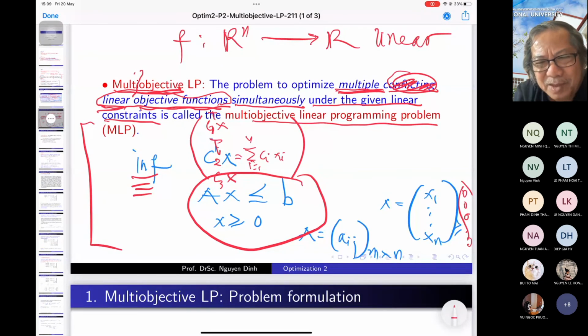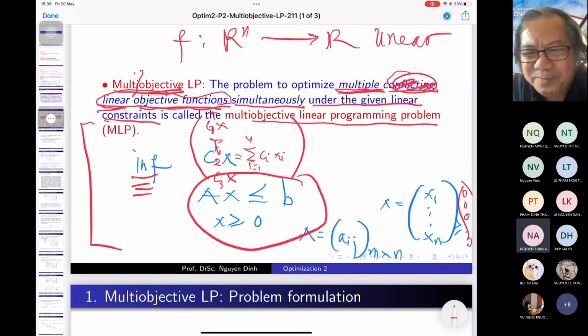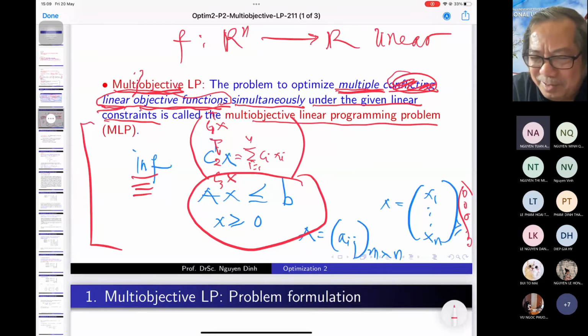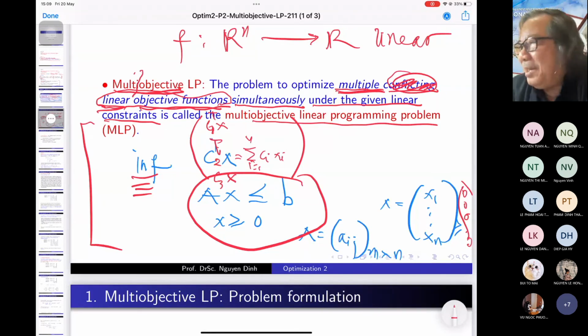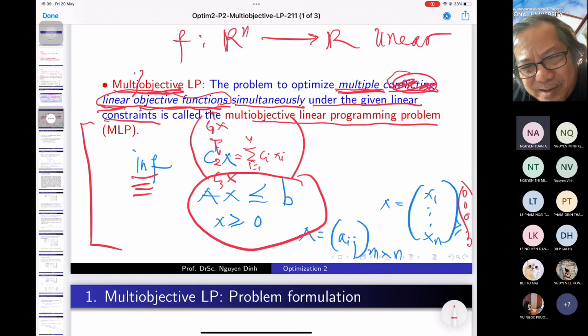Is that right? Tuấn Anh, are you there? Yes, I also study your decision making course this semester. But can you tell us, the function f is a linear function, so what is the form? Can you repeat the question?